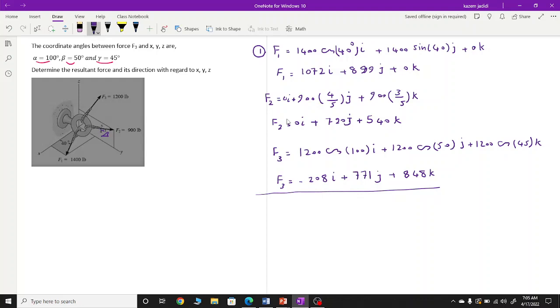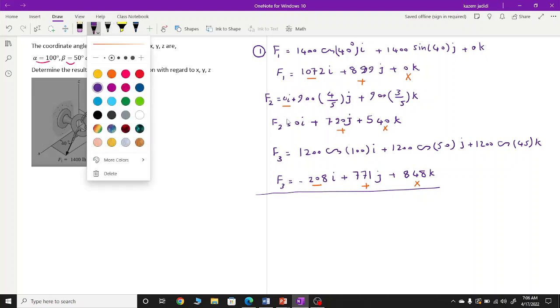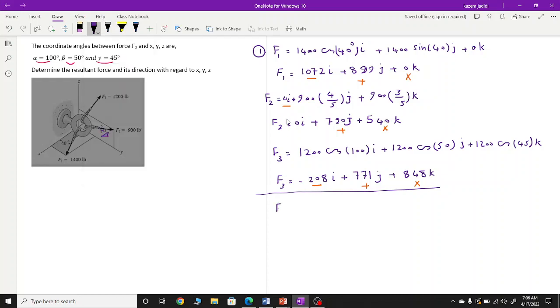Now we can add them to each other because we have i in each force, and j, and k. We can add i's to each other, we can add j's to each other, and we can add k's to each other. And by adding them, we can form the Cartesian format of the resultant force.